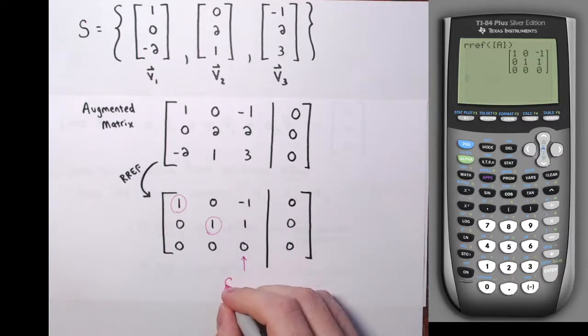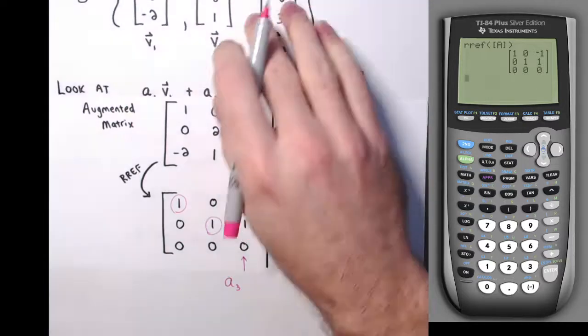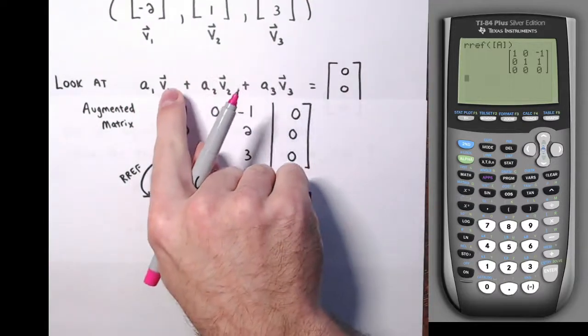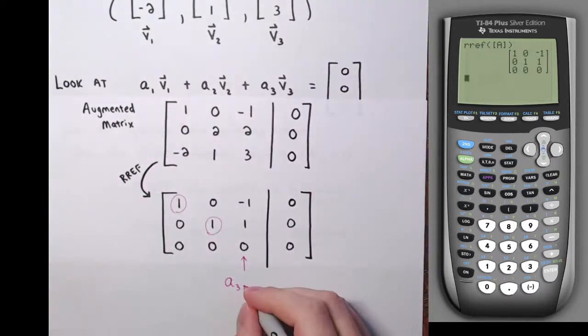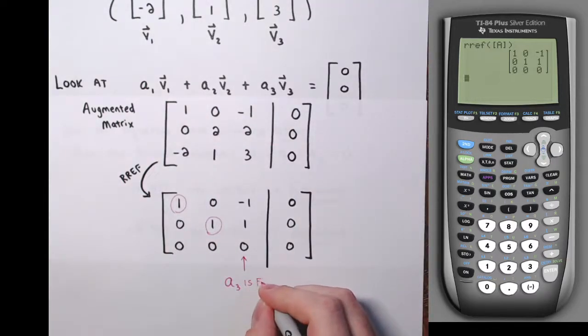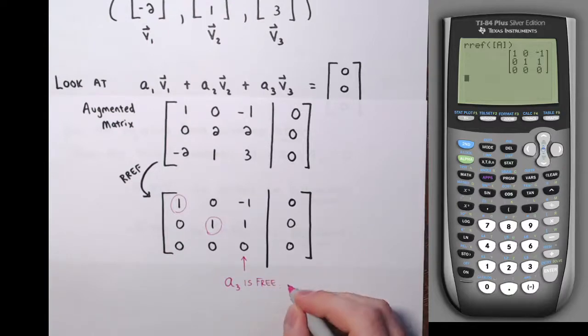So the value of a3, right, we're looking for a1, a2, and a3 in this equation, the value of a3 is free. And remember what that means about the system. That means the system has more than just the trivial solution. That means this system has infinitely many solutions.